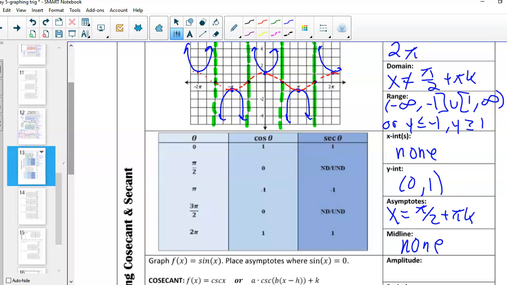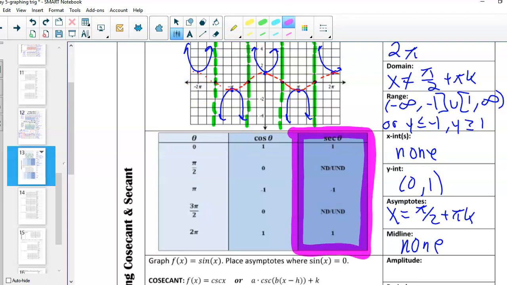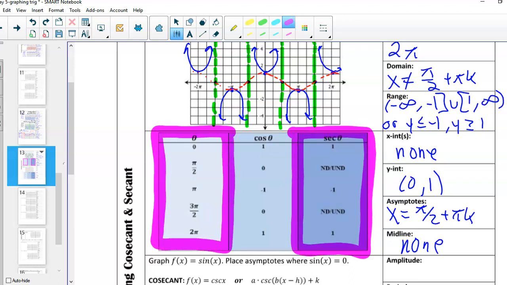If you're using the table though, you're using these values right here. Same x's as sine and cosine, but your y's are now whatever cosine was, except wherever it was 0, put undefined there instead. So it's basically cosine's table, except now it's undefined instead of 0.